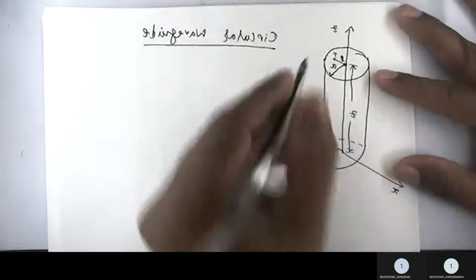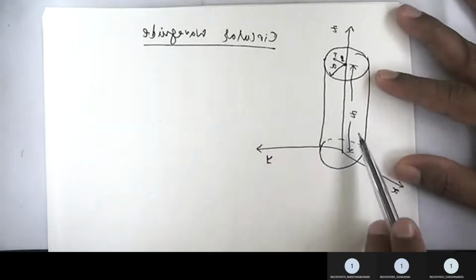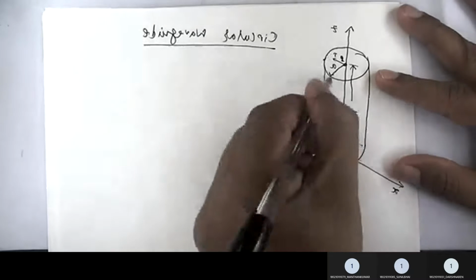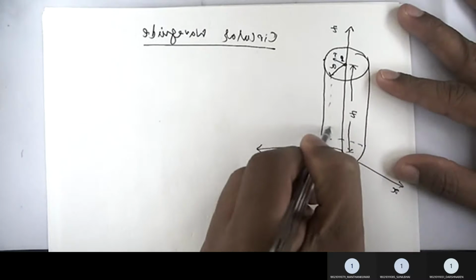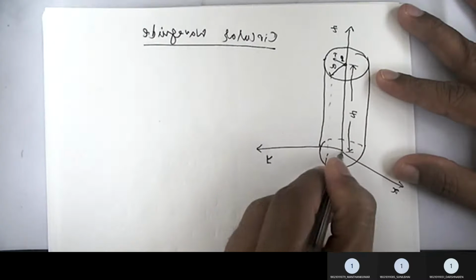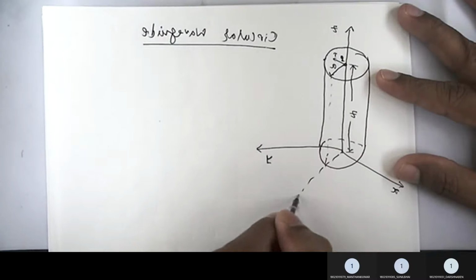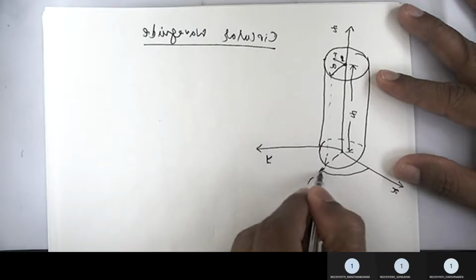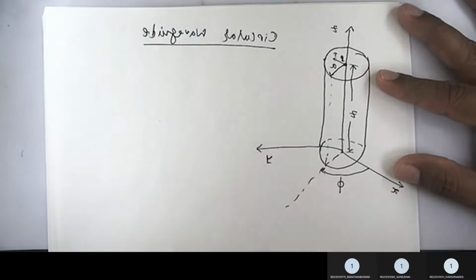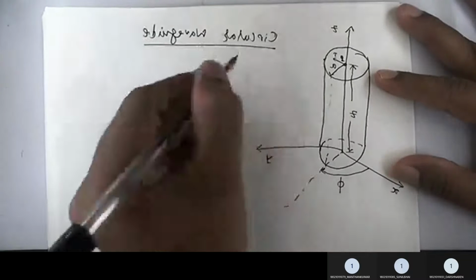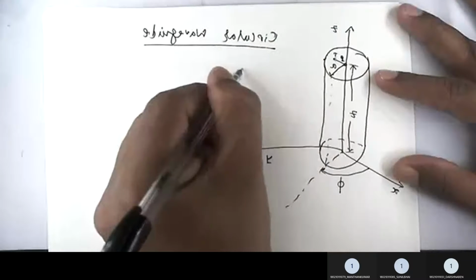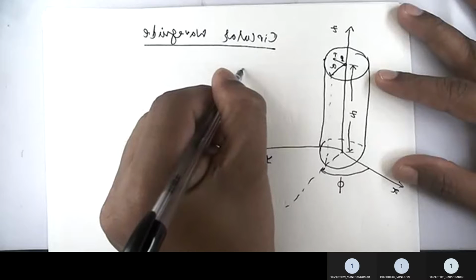Here the radius is a, the length is z, and if I take the projection, I will also get the tangential component, that is phi.